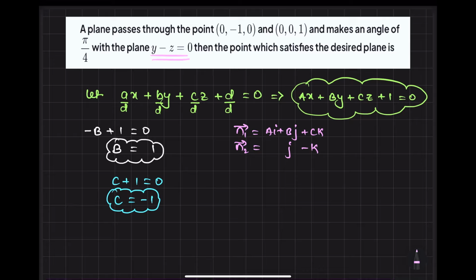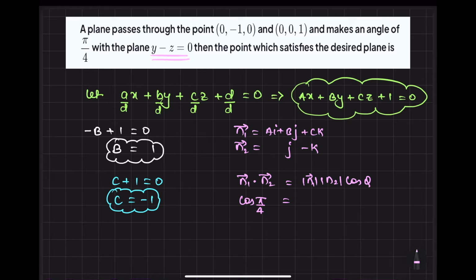So can I say that n1 dot n2 is equal to mod n1 mod n2 cos theta, and they are saying that theta is 45 degrees. Try to understand this part. So I will be writing cos pi by 4 equals to n1 dot n2 over the magnitudes.